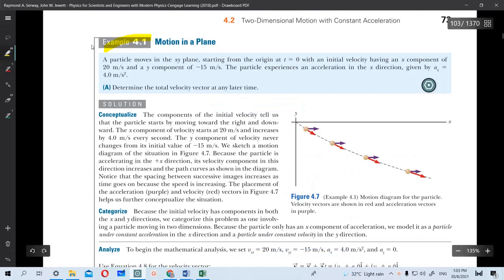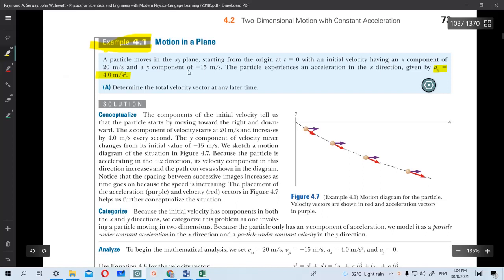Let us now look at example 4.1, motion in a plane, where in this example you will find that the acceleration in the x direction has a value, but there is no given acceleration in the other component. Let's have a look. A particle moves in the xy plane starting at the origin with an initial velocity.